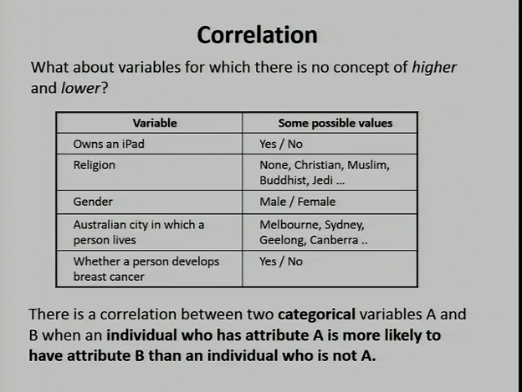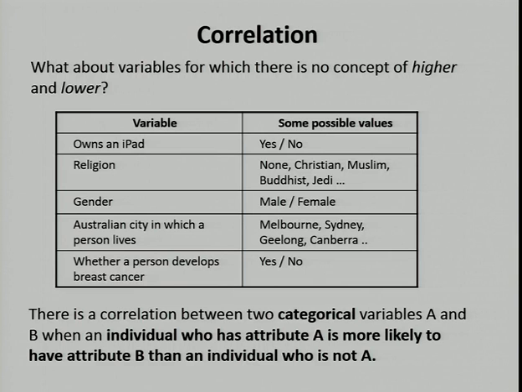And finally, we can play the same game as well if we don't have numeric values, if we don't have a concept of higher or lower for these types of examples, then we would just speak of categorical variables, and again, we could measure the likelihood.